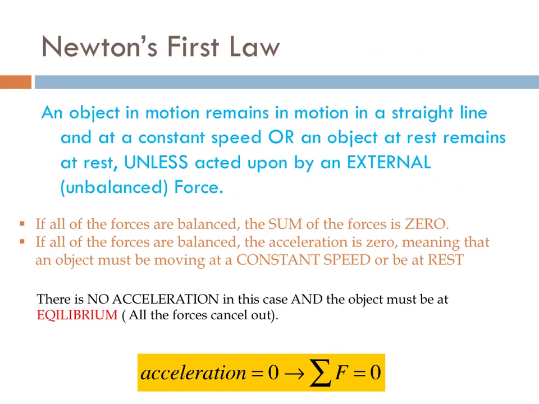If all the forces are balanced, that means that the acceleration is zero. So there's two situations where you can have an acceleration of zero: when you're either moving at a constant speed or at rest. Remember that this symbol down here at the bottom means sum of, sum or total.